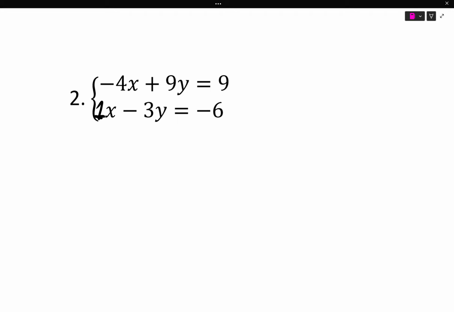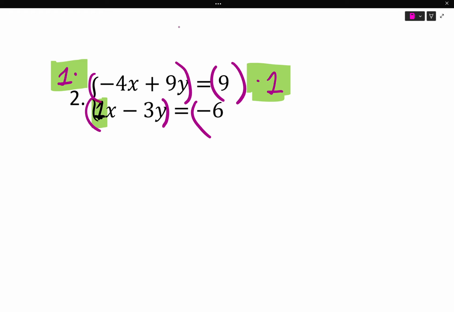I am going to multiply the top equation by the number next to the letter we're trying to eliminate of the bottom equation. So I'm going to multiply both sides here by 1. And I know you think it might seem silly to multiply by 1, and it kind of is, but we're just practicing. The bottom equation, we're going to multiply by the other number in front of x, and we're going to multiply by 4.